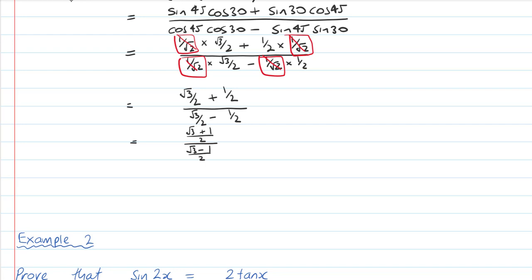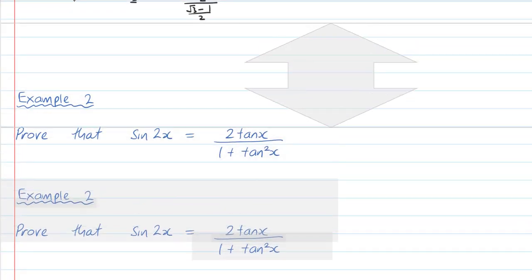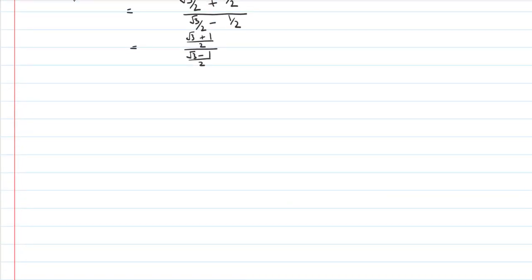And I'll just create a bit more space here, which becomes root 3 plus 1 over 2 times 2 over root 3 minus 1. The 2's cancel out, leaving me root 3 plus 1 over root 3 minus 1.